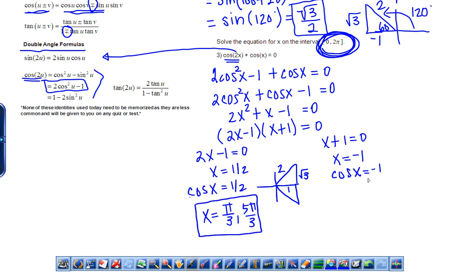For this one, you cannot draw a triangle, so I'm going to use my ordered pairs. Wherever cosine is -1, looks like this is the only place. So x is going to be equal to pi.